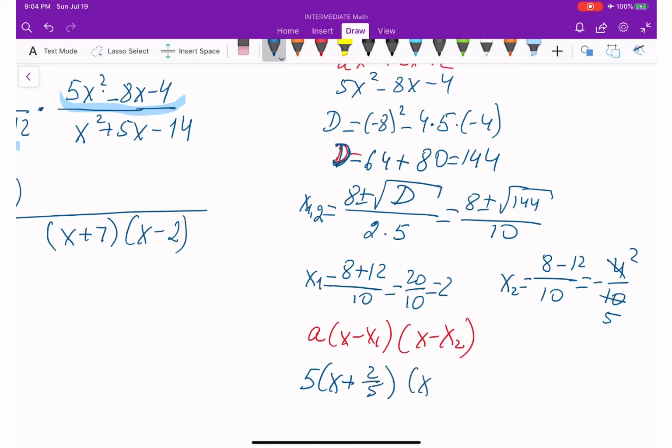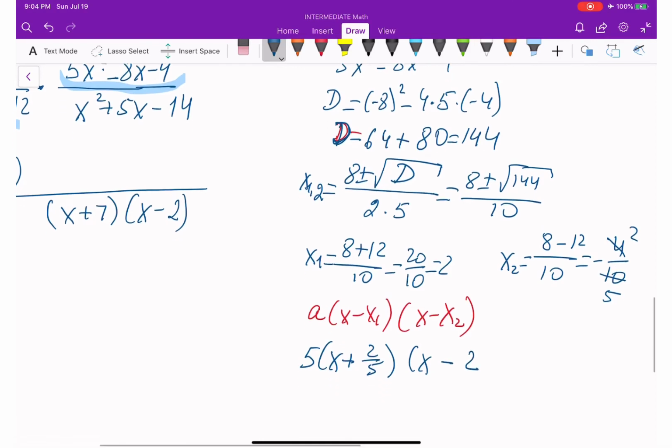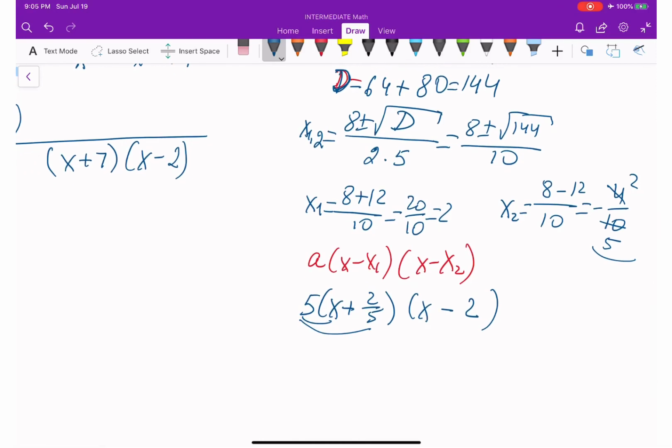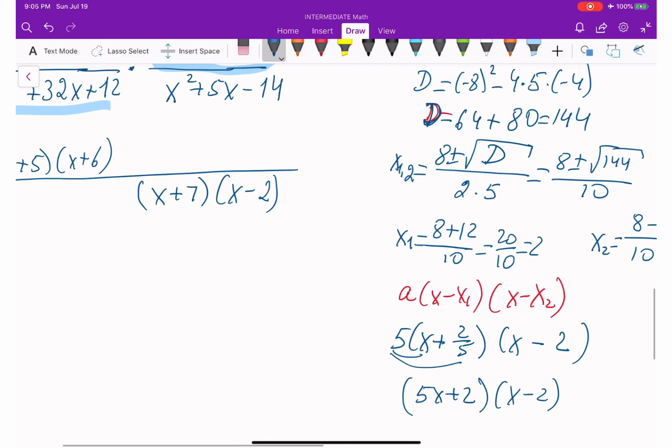And x minus 2. Again, the answer that has a fraction, I put as the first parenthesis so I can distribute and get rid of the fraction. And I'm going to get (5x plus 2)(x minus 2). Let me rewrite (5x plus 2)(x minus 2).